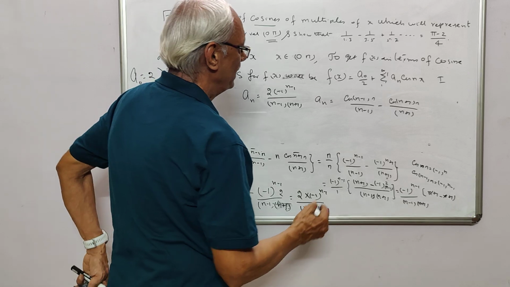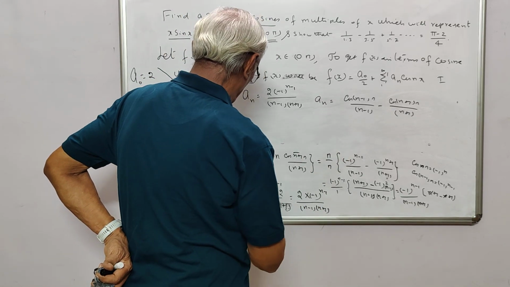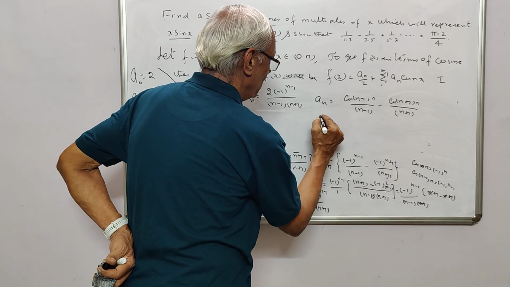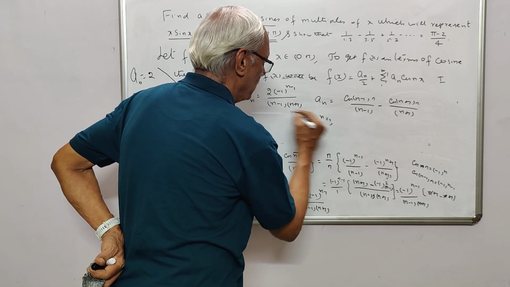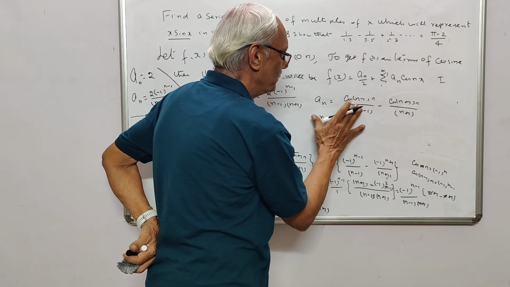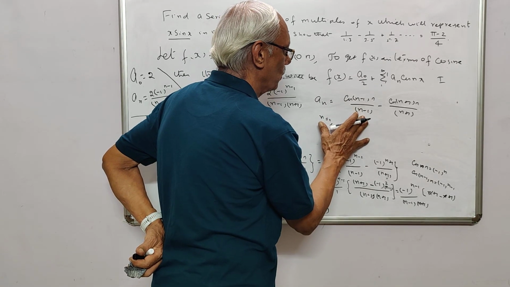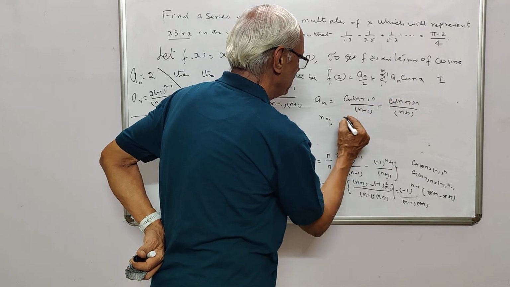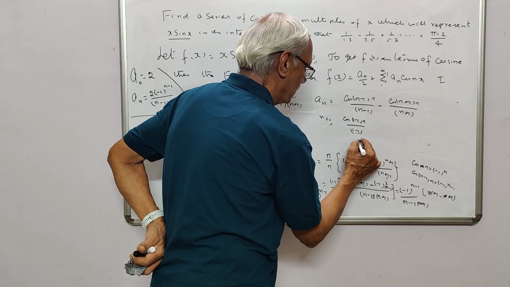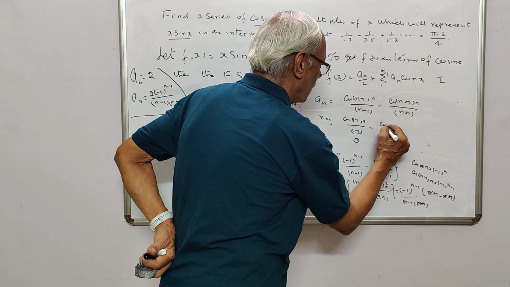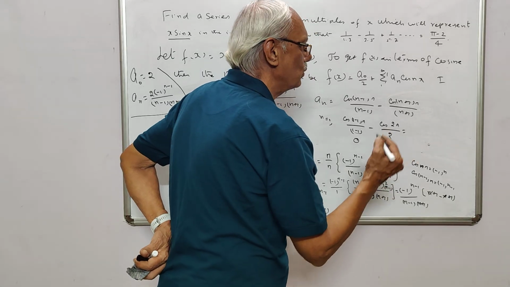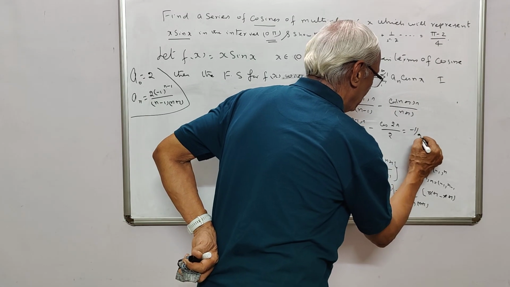So you see that when n is equal to 1, this part can become 0. It is cos of (1 minus 1) pi divided by (1 minus 1), which is 0, but it is cos of 2 pi divided by 2 when n is equal to 1. Cos 2 pi is always equal to 1, so this will be equal to minus half. Can you catch what I am telling you?